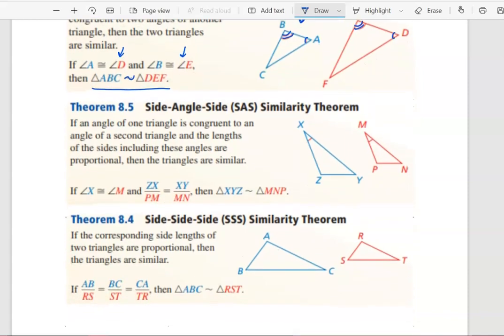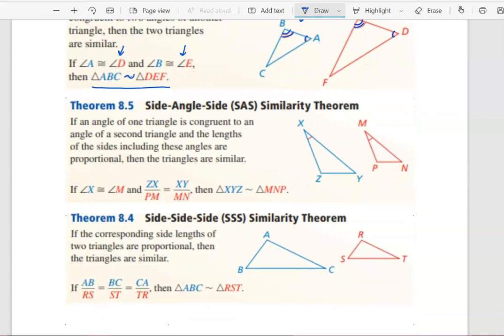The next shortcut or theorem is side angle side, SAS. And guys, it pretty much explains what you need in the title. I need to have an angle congruent in the two triangles. So here we can say angle X is congruent to angle M. And then the big thing with the sides is it can't be just any sides. It needs to be the sides including the angle. So it has to be the sides that form this angle.